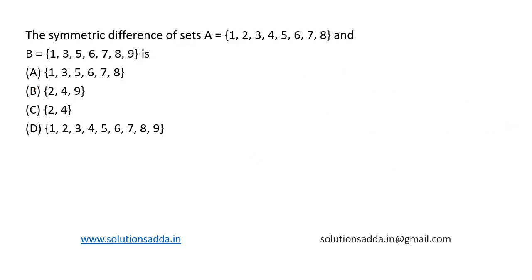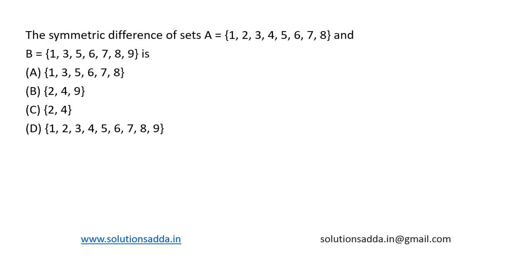This is a question from discrete mathematics. The symmetric difference of sets A and B is, and 4 options are given. Let's see what are the elements in set A. It includes 1, 2, 3, 4, 5, 6, 7, 8. The elements in set B include 1, 3, 5, 6, 7, 8, 9.